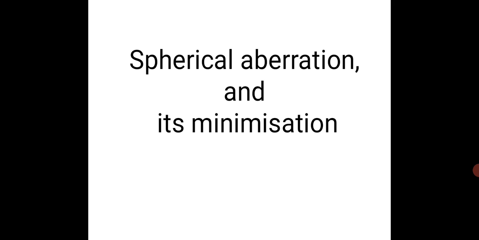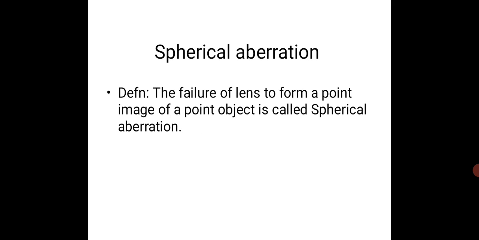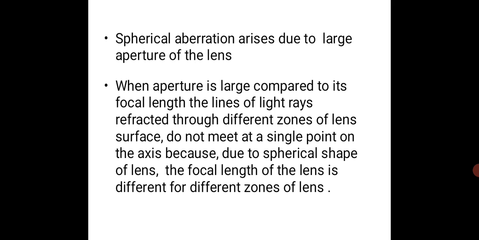Now we will see the first type of monochromatic aberration, that is spherical aberration, and the methods to minimize it. The failure of a lens to form a point image of a point object is called spherical aberration.